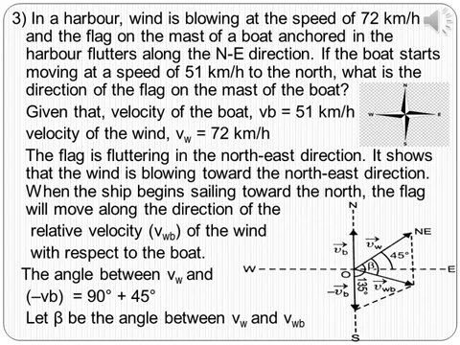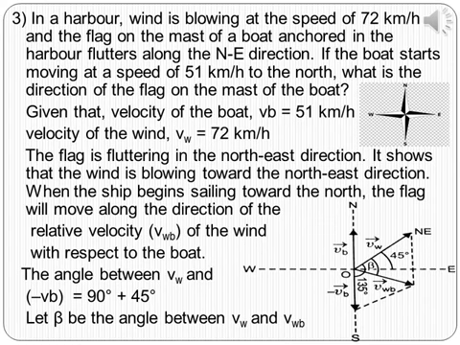As the flag is fluttering in the northeast direction, the wind should be blowing towards the same direction, that is, towards the northeast direction. When the ship begins sailing towards the north, the flag will move along the direction of relative velocity of the wind with respect to the boat.